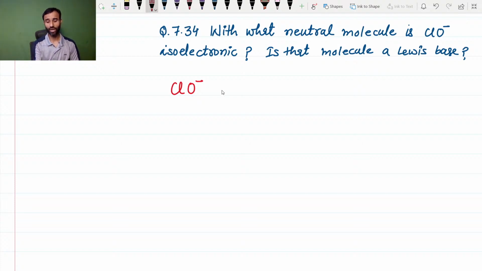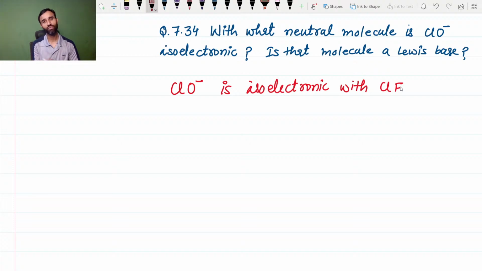So in ClO negative there is O negative, and O negative is isoelectronic with F. O negative means oxygen has 8 electrons total, valence electrons 6, 1 electron is gained, so 7 valence electrons. Fluorine has 7, so ClO negative is isoelectronic with ClF.